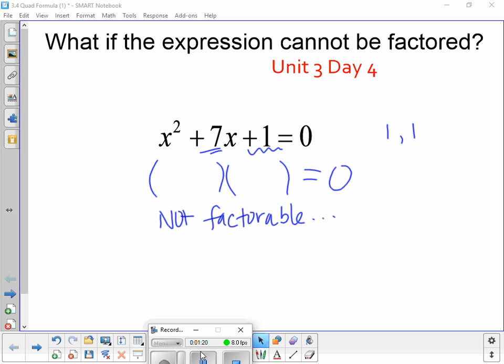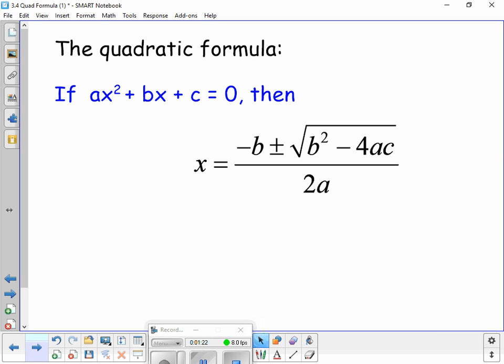You might remember from last year that if a quadratic is not factorable, we can use the quadratic formula to find the solutions. So if ax squared plus bx plus c equals 0, then x is equal to negative b plus or minus the square root of b squared minus 4ac, and that is all divided by 2a.